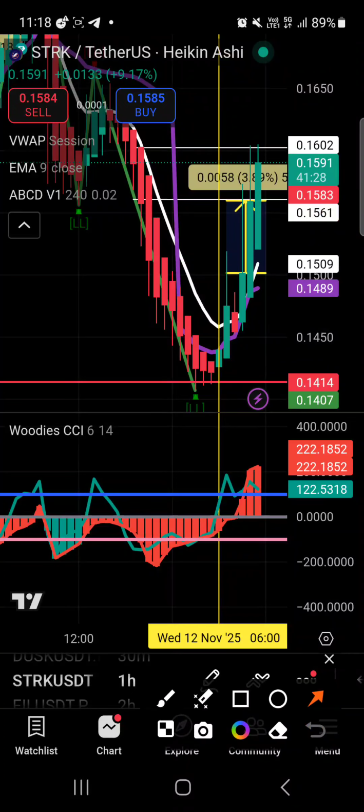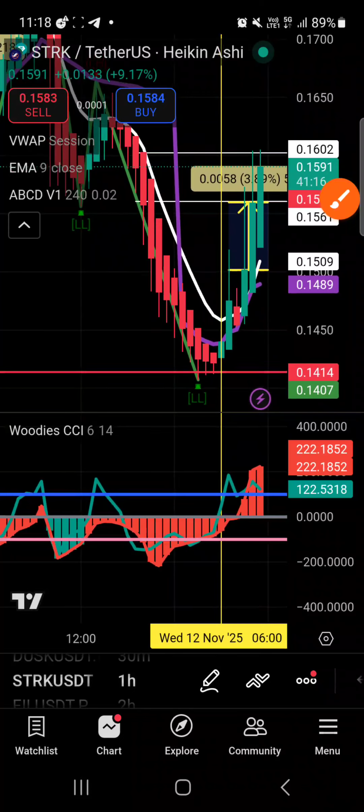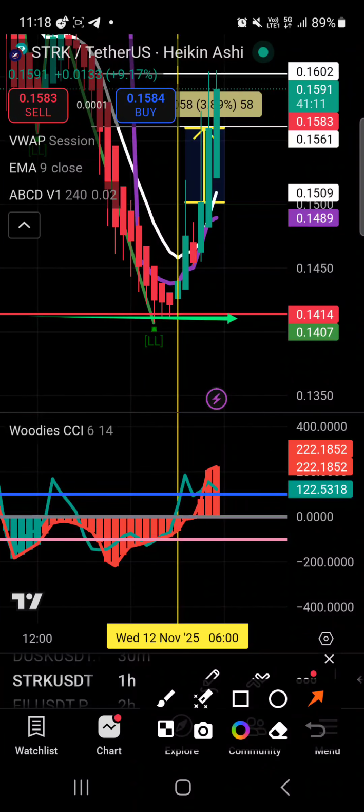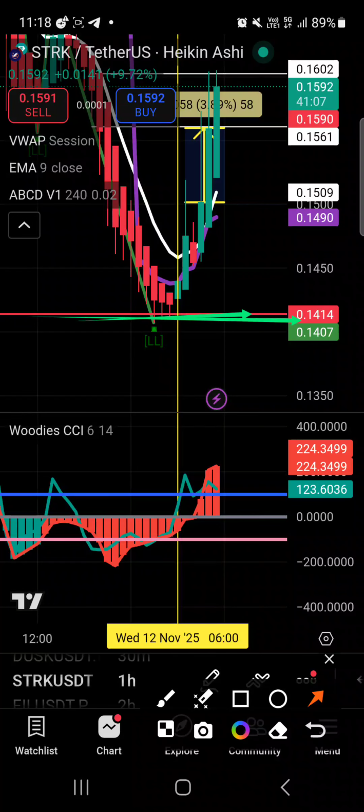The ABCDV1 shows you the highest, the lowest, the higher low, and the lower low, which are LL, HH, HL and LH. Anything LL means the lower low. As you can see, I draw my support line here. When you draw your support line, you are looking at how the coin will go in the future, down or up.